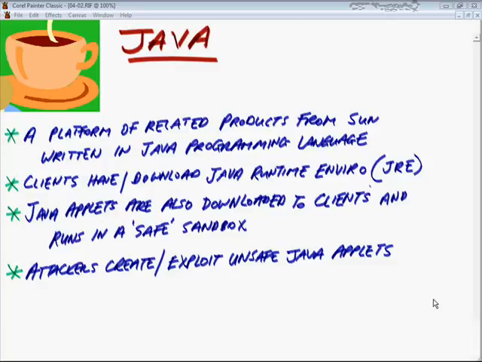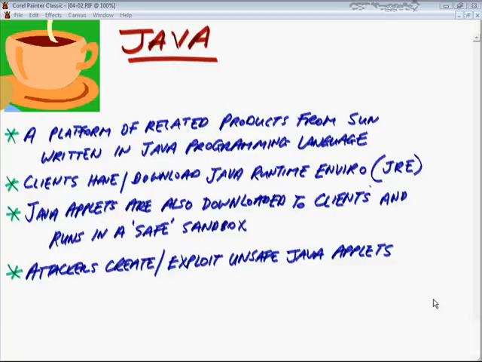Now, JavaScript, even though the word has Java in it, is really unrelated to the Java platform. We'll talk about JavaScript here in a second, but we need to understand from a Security Plus standpoint that Java applets can allow attackers to create or exploit unsafe Java applets, and therefore many organizations, at a firewall level or other area of the network, will actually block Java applets and other types of scripting from being run inside of the network.